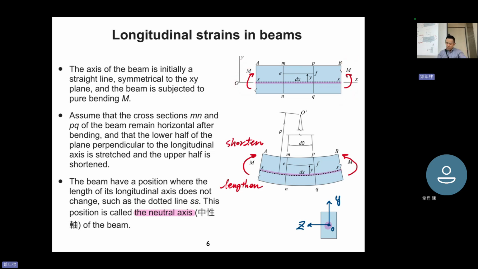With a positive moment, the upper part will have a shorter length, and the lower part will have a longer length. Which means that there must be a place in between that has no change in length before and after the positive moment, right? So we call that the neutral axis.